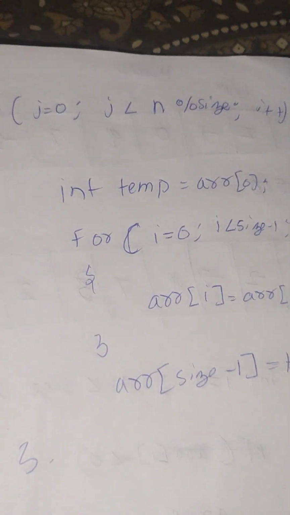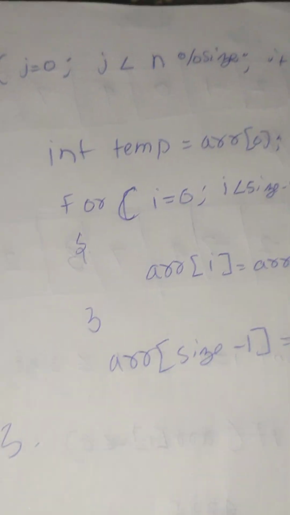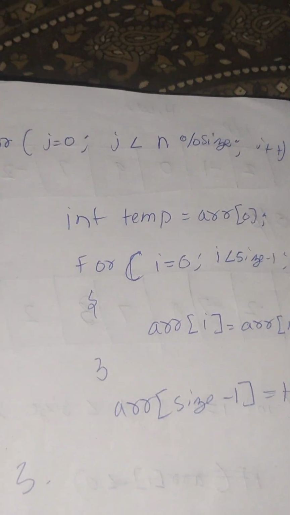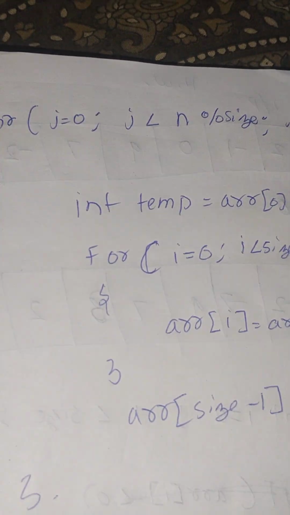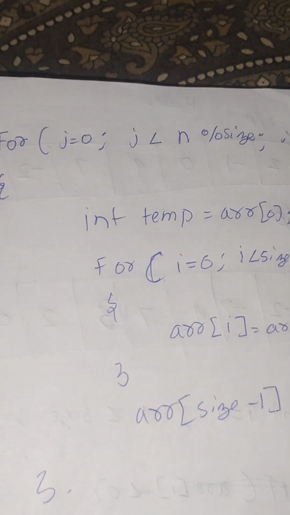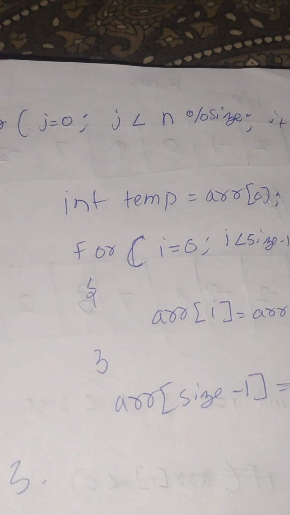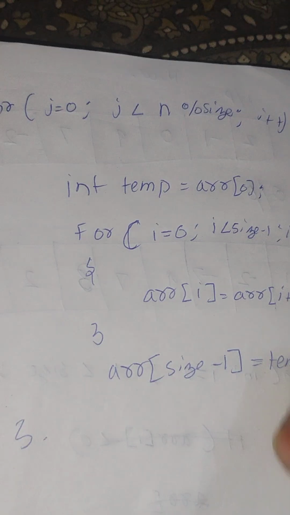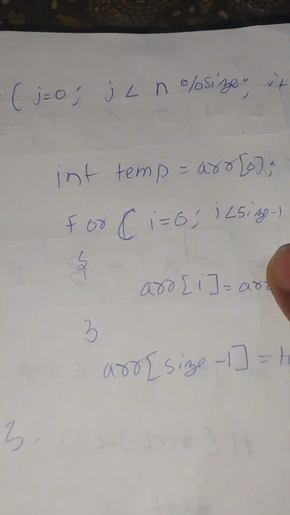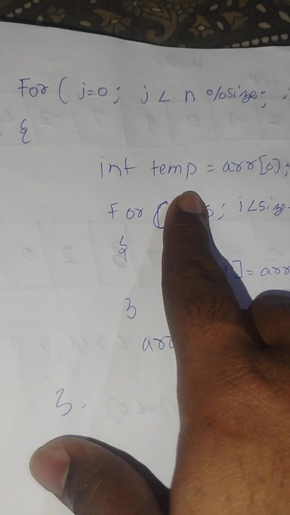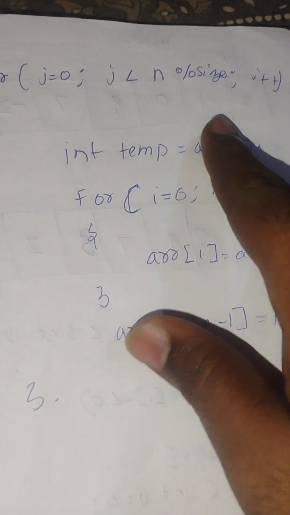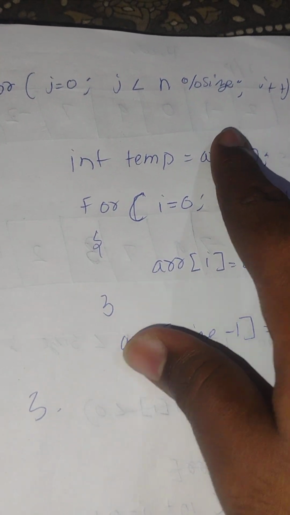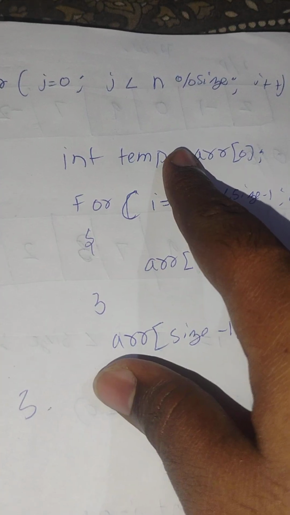If no remainder comes, the loop becomes false and the statements start to print. So here, if the size is 4 and the user enters 2, the rotation count is 2.